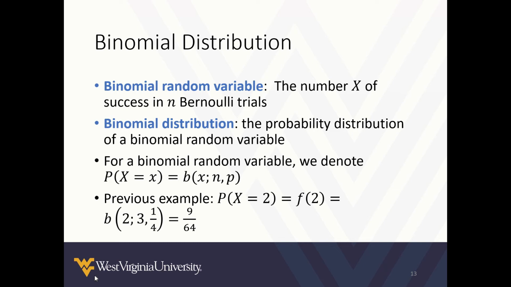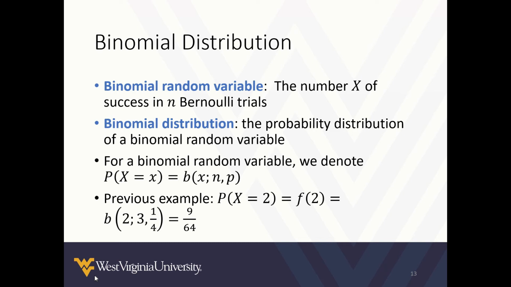So the binomial distribution is the probability distribution of a binomial random event. For this case, we like to denote the probability of X equal to x as a lowercase b, and then in parentheses, x semicolon n comma p, where n is the number of trials, p is our probability of success, and of course, x is our random variable of interest.